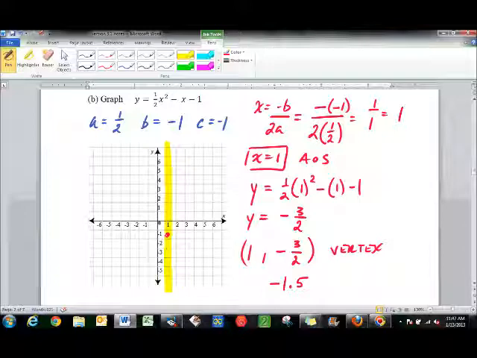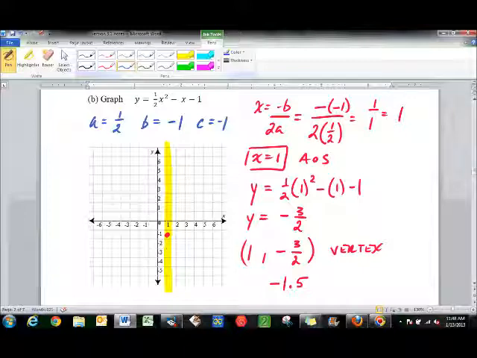Now we need to give ourselves some points on either side of the axis of symmetry. In the previous example, I did 2 points. But in this particular case, I'm actually going to do a third point to give us a better view, since it's going to open up wider as opposed to being a standard looking parabola.